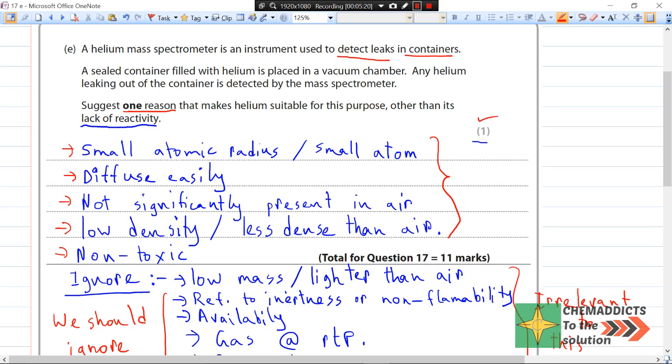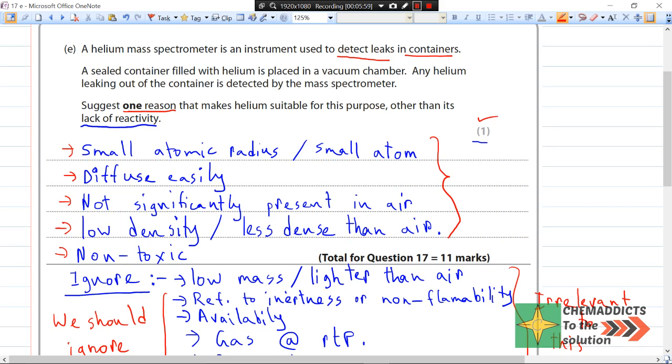Let us move on to the next point: not significantly present in air. We know from the composition of air that a small percentage of noble gas is present in the air, argon or helium, that is less than 1%. So it is not significantly present in air, and this might be another reason. If it diffuses easily and there is a leak, then we can get a significant amount of helium from the sample.